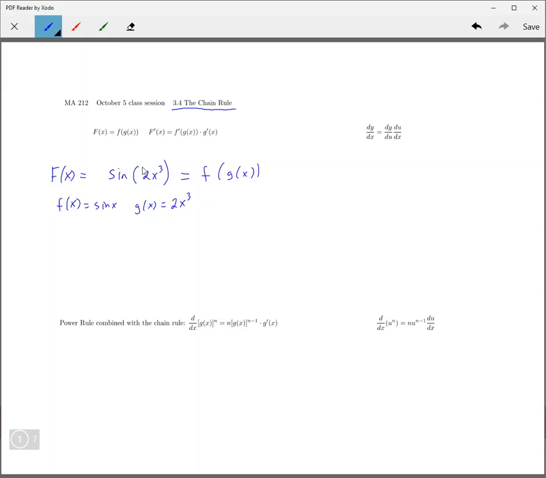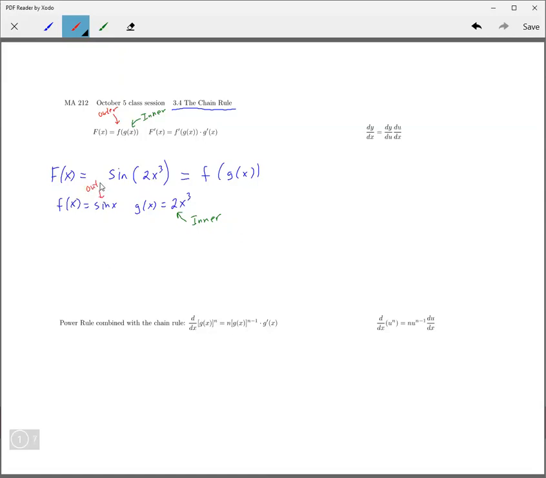Now one way to think about this is that g of x is the inner function, and f of x is the outer function.